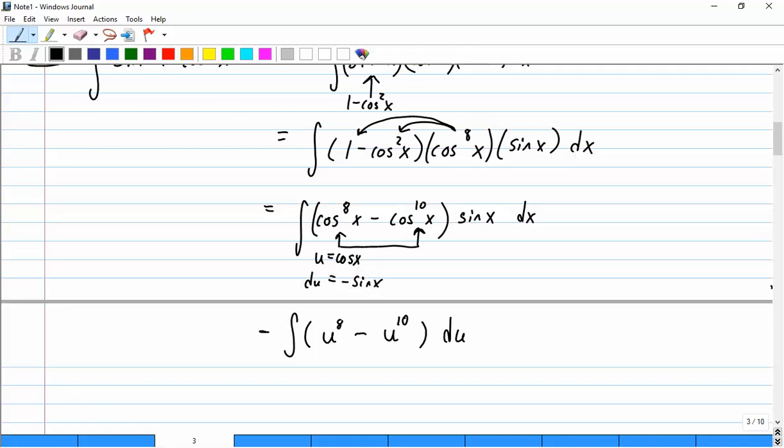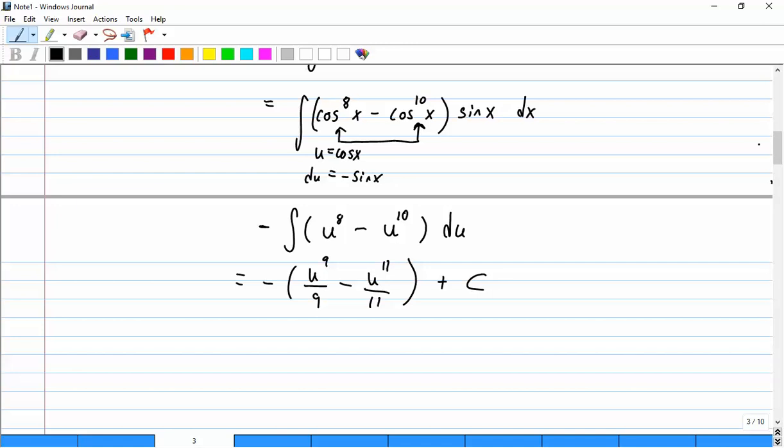So that's what I need to integrate, and then I need to plug my u back in. All right, so this is the negative of, what do I get when I integrate u to the 8th? Not taking a derivative, so u to the 9th over 9 minus u to the 11th over 11 plus c. The last thing to do is to plug my u back in.